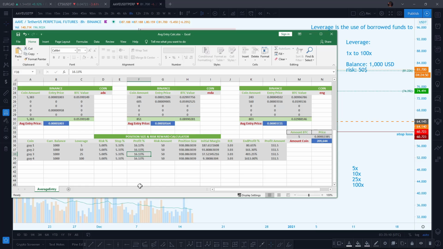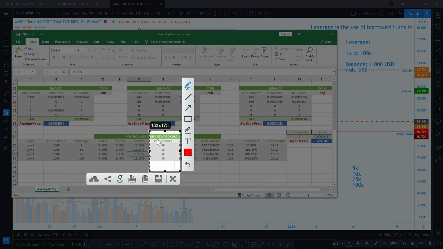Okay, they have the same balance, the same risk tolerance, which is 5% of their balance, the same distance to stop, the same profit target. As you can see here, they are risking the same amount, which is 50, 50, 50, 50.